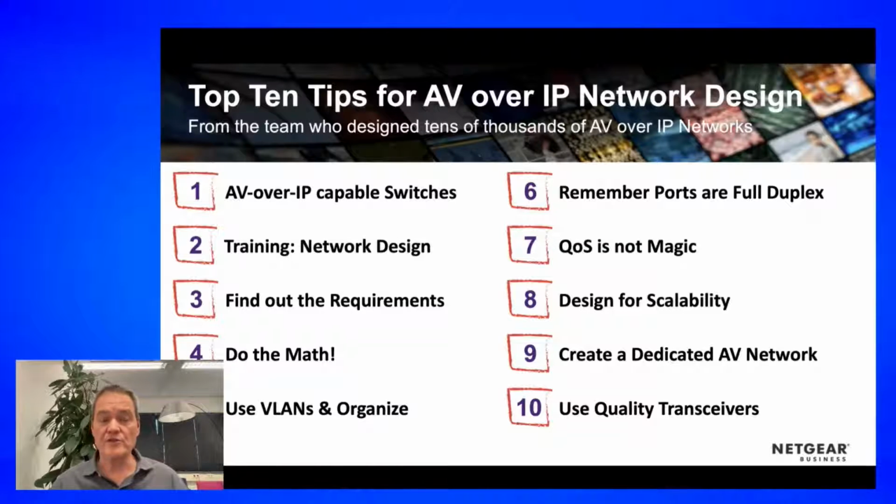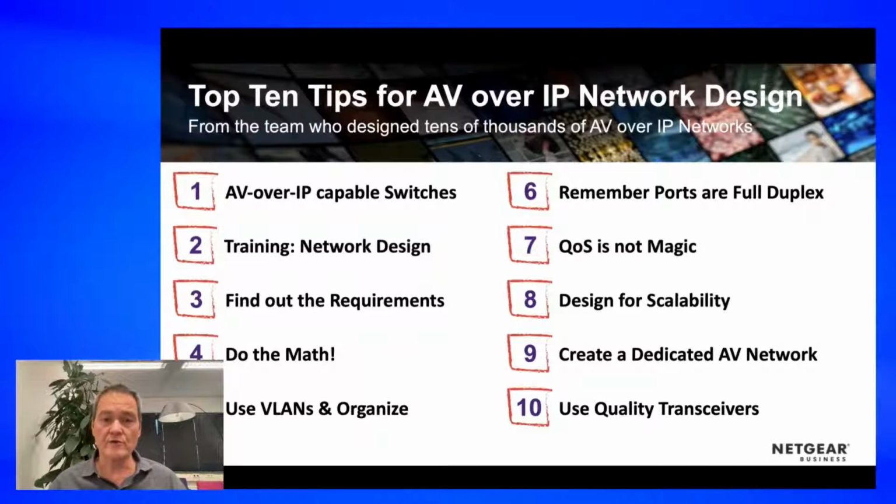Get trained on network design, find out what the requirements are, which is counting the inputs, the outputs, the sources and the targets, and then do the math on the total required networking speeds.